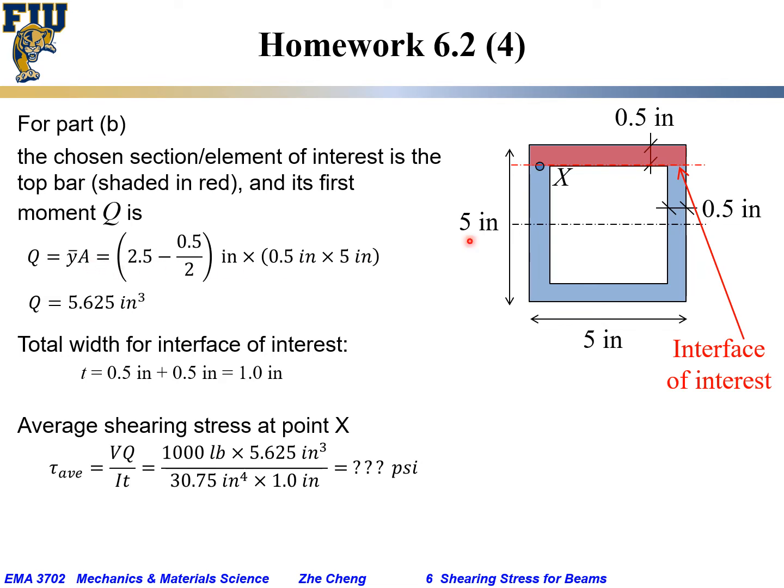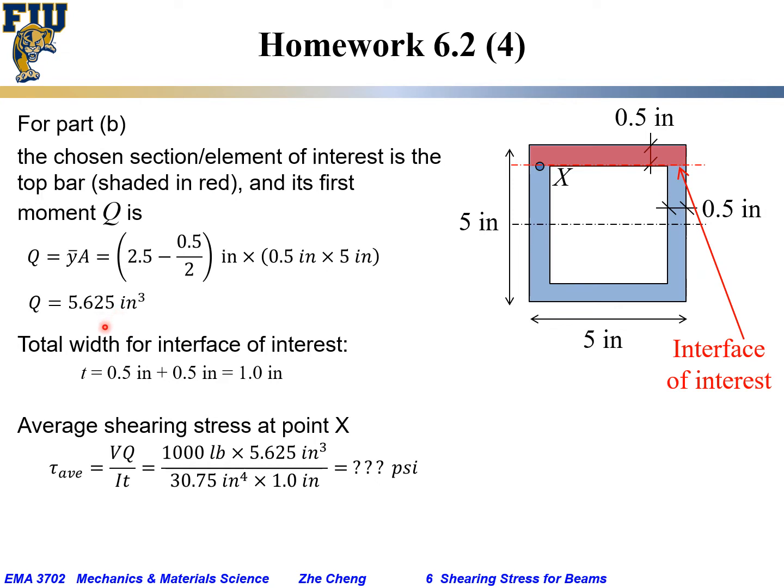And what is y bar? Y bar would be from here to here, 2.5 minus half of the thickness, 2.5 minus 0.5 divided by 2. That gives a y bar in inches, times area. Area would be thickness 0.5 times length 5 inch, and we plug the numbers in, you would get 5.625 inch cubed.